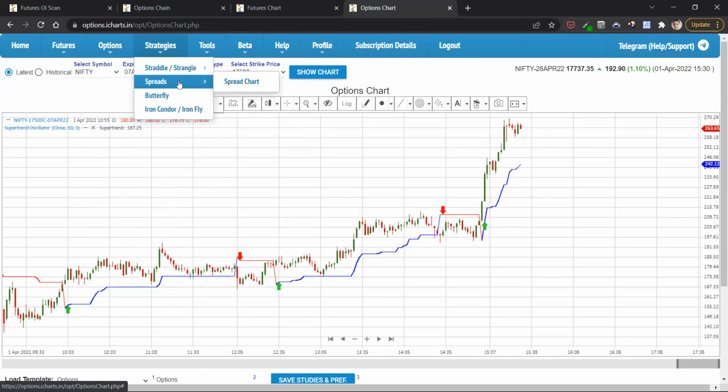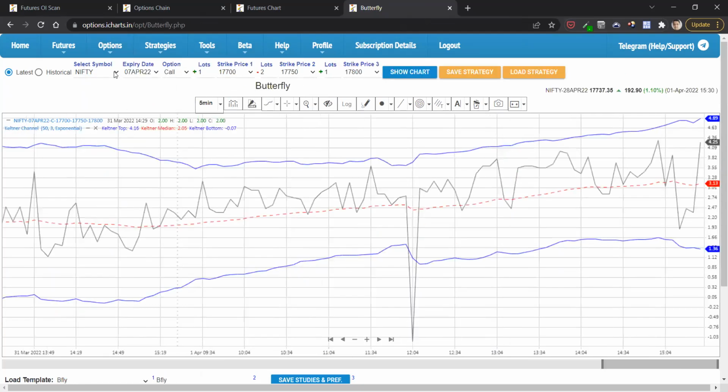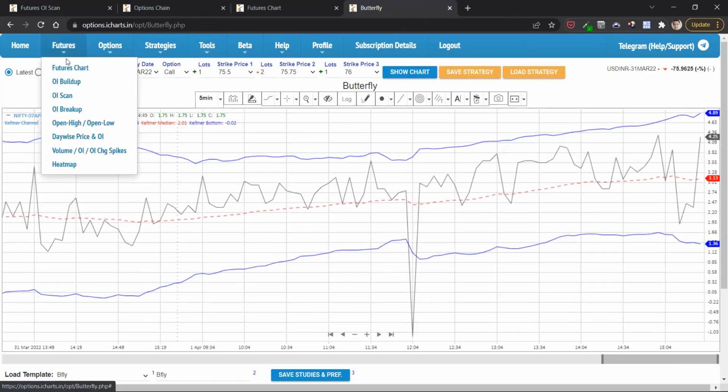Sir, currency butterfly, if you can. Okay, currency. I have not looked at it for a while now. Let me see. Currency, let me quickly look.